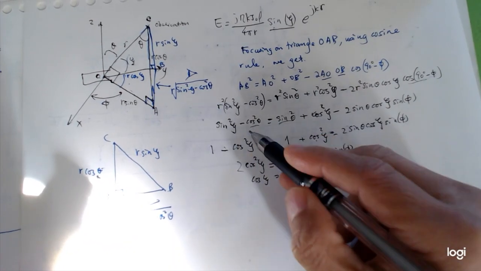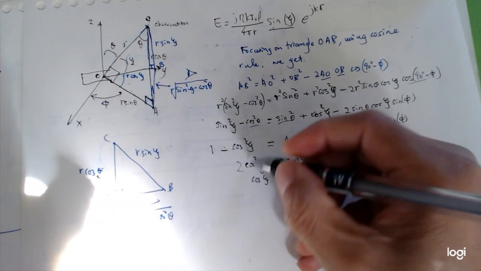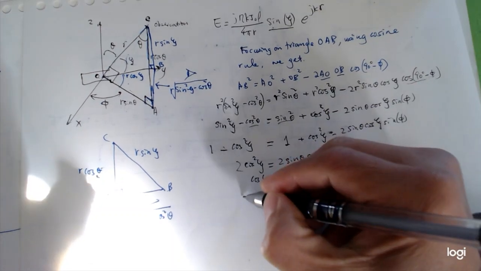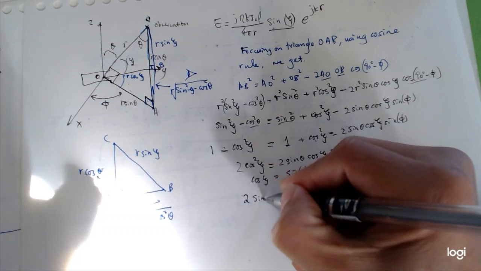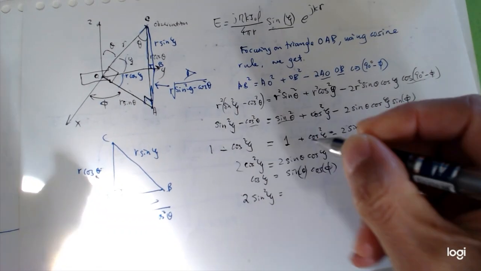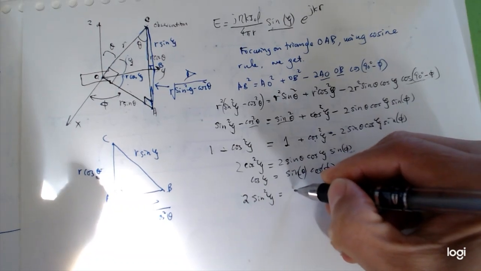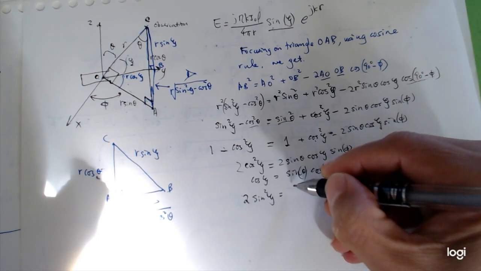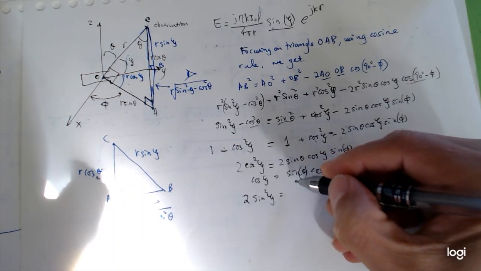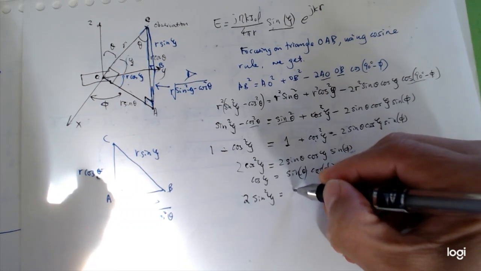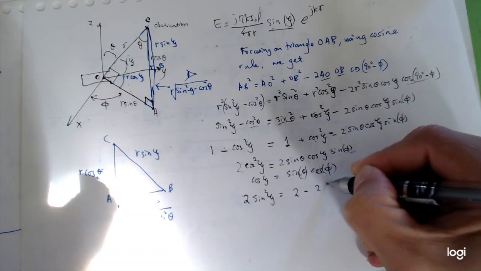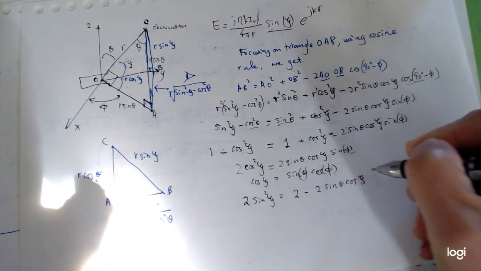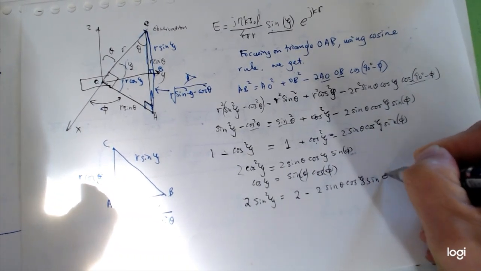Or this one, right? 1 minus, so 2 sine C is equal to 1 or 2 minus 2 sine theta cosine C sine theta.